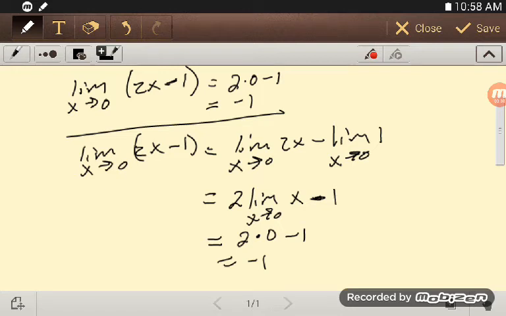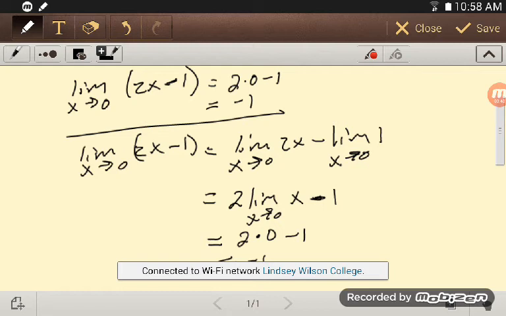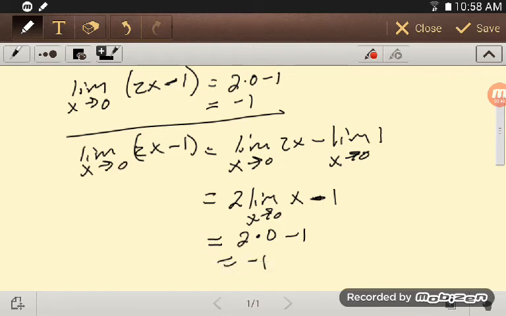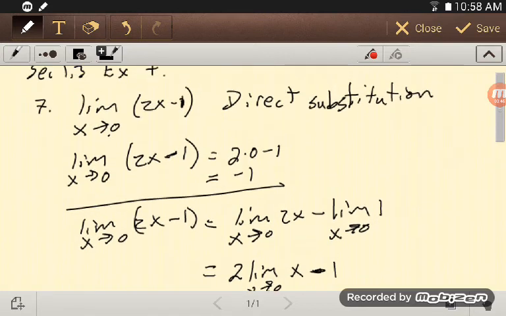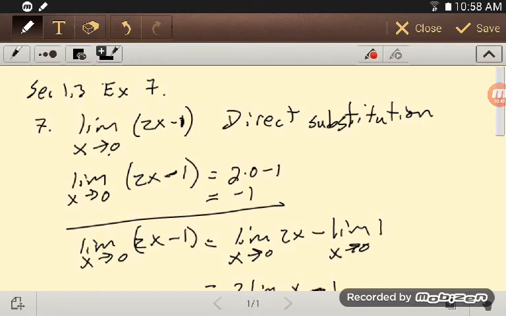But again, if it's just a nice function and you want to use direct substitution, that's fine. And really you should point that out, though. So you do this, you get the negative 1, and I wrote it up here.